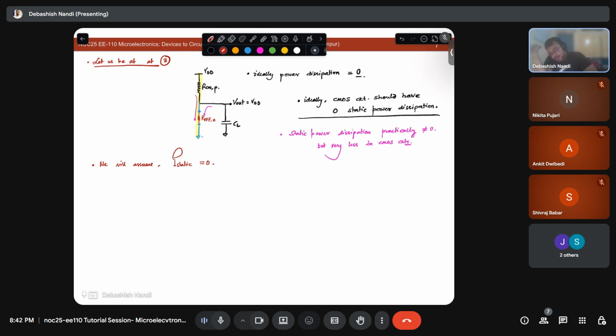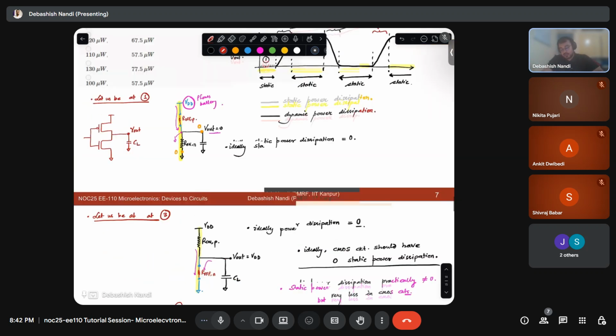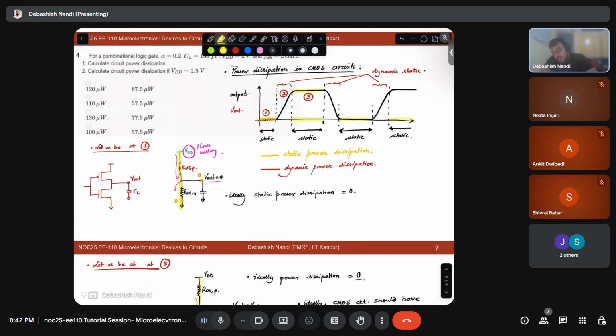So what is the other component? Let us be at region 2. Okay, so now we are going to study the dynamic region, or the dynamic power dissipation.